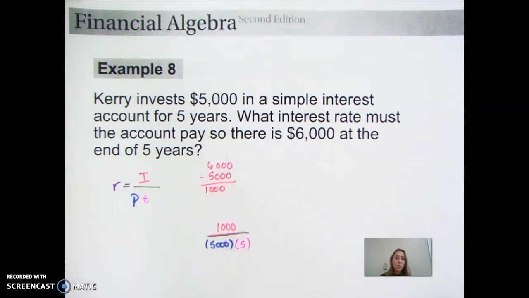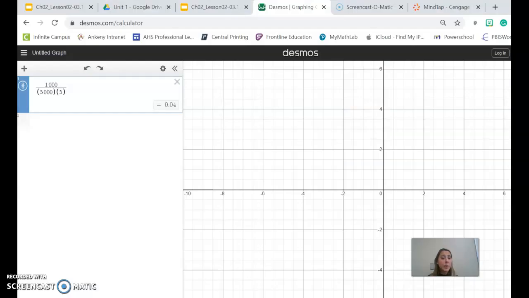Let's plug that into Desmos and let's find out. So I get roughly about 0.04, but that isn't a percent. That's the decimal. So what I'm going to do, because that's not a percent, is I'm going to take 0.04 and multiply it by 100.